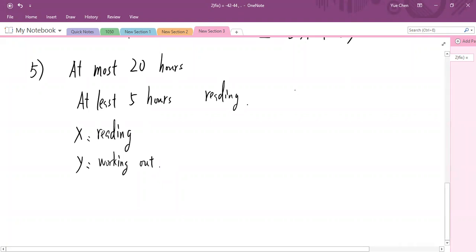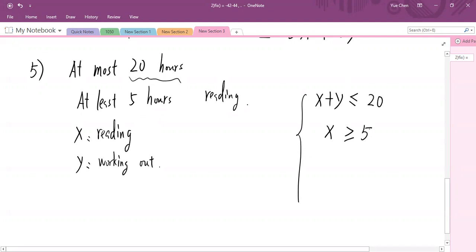So okay, at most 20 hours of free time. So that means X plus Y should be at most, not exceed, right? Should be less than or equal to 20 hours. So this is one thing. And at least 5 hours for reading. So reading time, X hours, should be at least, meaning greater than or equal to 5, right?